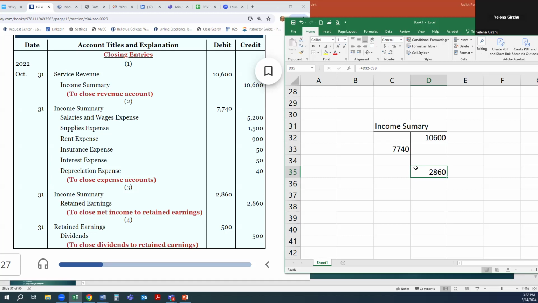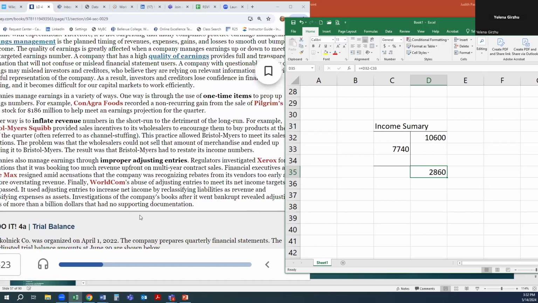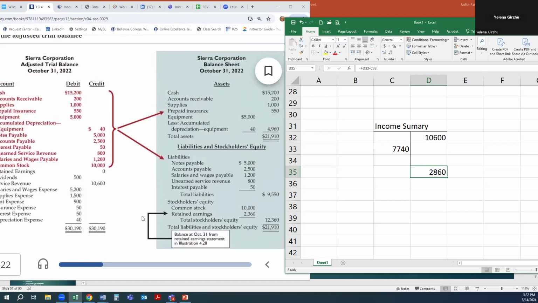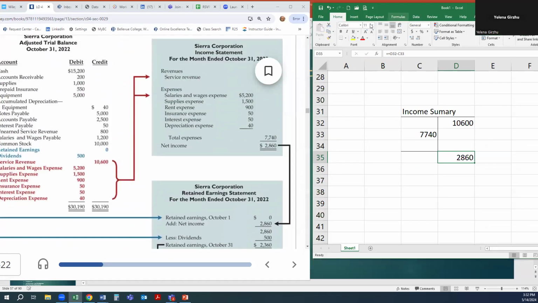But if you go back to page 23 for these same accounts, you will see net income is 2860. You'll see that 2860 there.